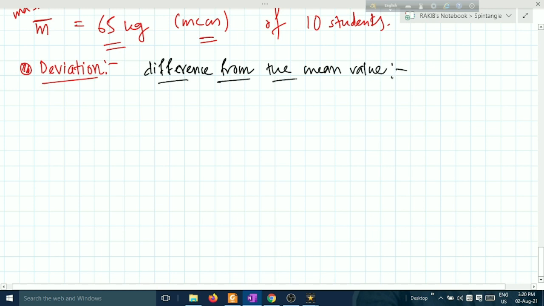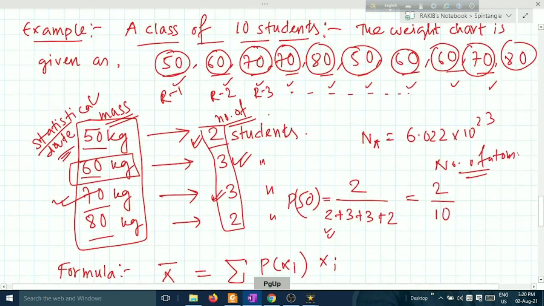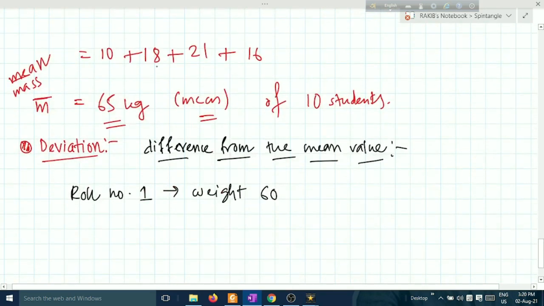Say a student, roll number 1, has weight 50 kgs. And what is the mean weight?